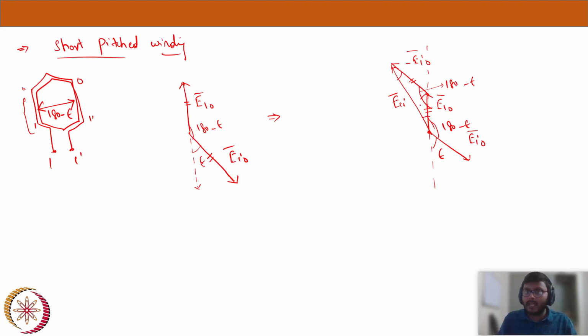Since it's an isosceles triangle with two sides of equal length, this will be epsilon by 2, and this will be epsilon by 2. This is the triangle we are interested in right now.